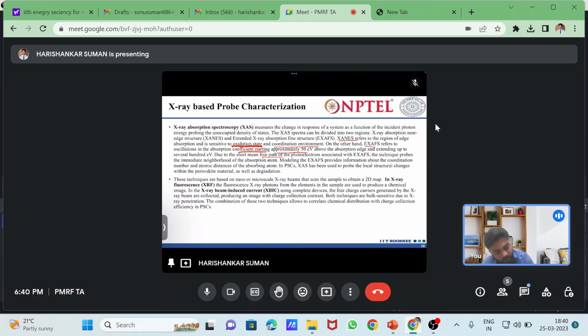Modeling provides information about the coordination number and atomic distance of the absorbing atom. So this is used for coordination, and the above is oxidation state and coordination environment. XAS can probe local structure change within the perovskite material as well as the degradation.